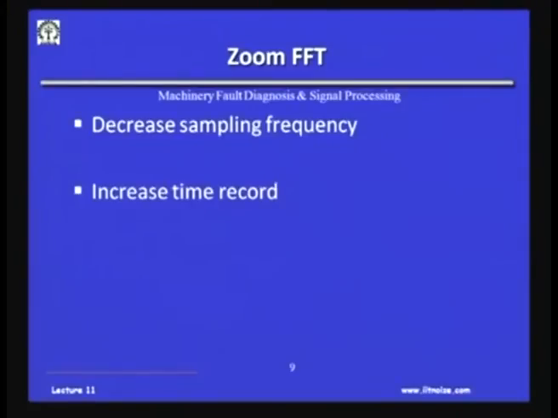And then another aspect of FFT is, I want to still, with the available resources, see much finer details, and that can always be achieved by either decreasing the sampling frequency or increasing the time record. Okay. So, sometimes decreasing the sampling frequency may not be possible, then we have to increase the time record. Okay.